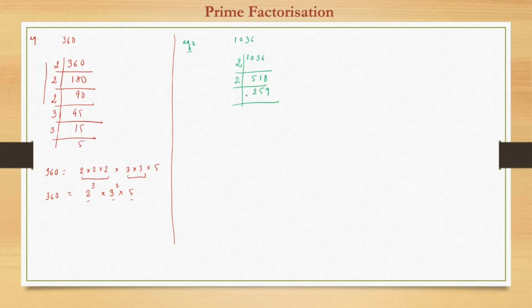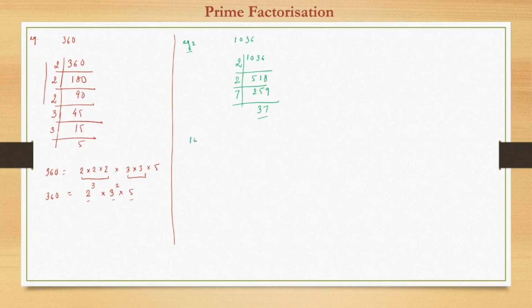Is it divisible by anything else? 3 no, 4 no, 5 no, 6 no, 7 it is divisible. We get 37. Now we know 37 is a prime number, so no further division is possible.